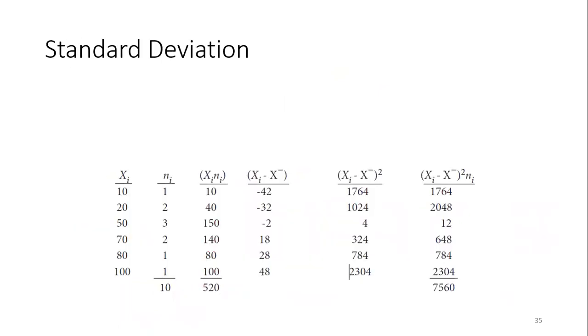This is the total variation. In order to find the sample variation, we divide by n minus 1. So this is 60 divided by 9, and you can just calculate its value.